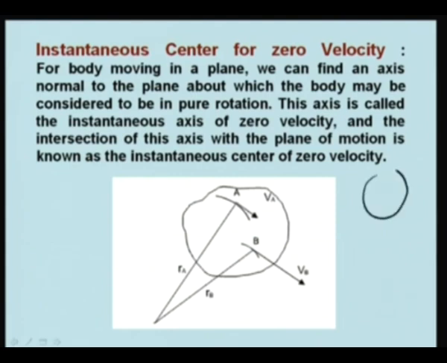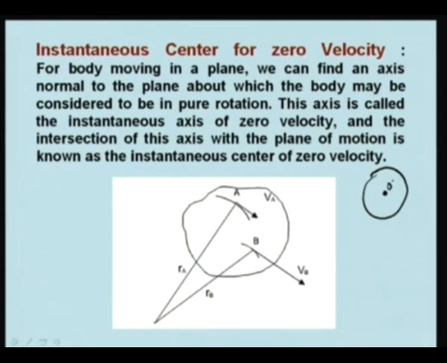If a disk is rotating about an axis, then O is its instantaneous center, and the axis perpendicular to the plane and passing through O is called the instantaneous axis of rotation.